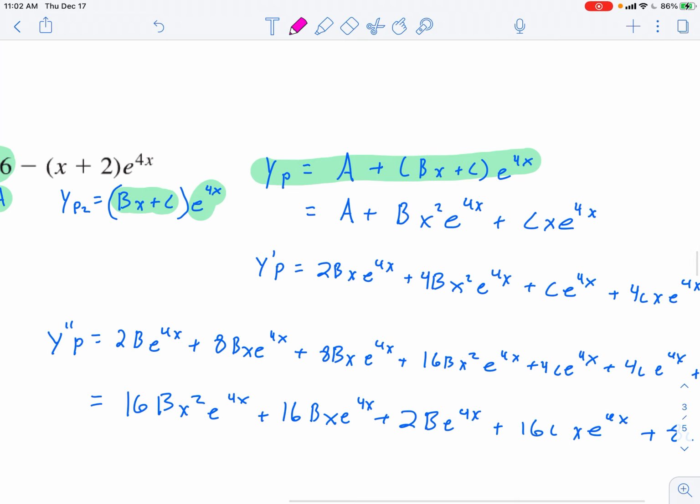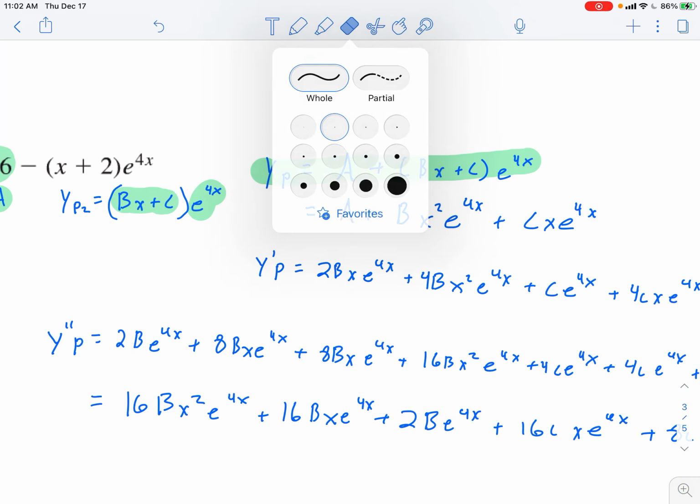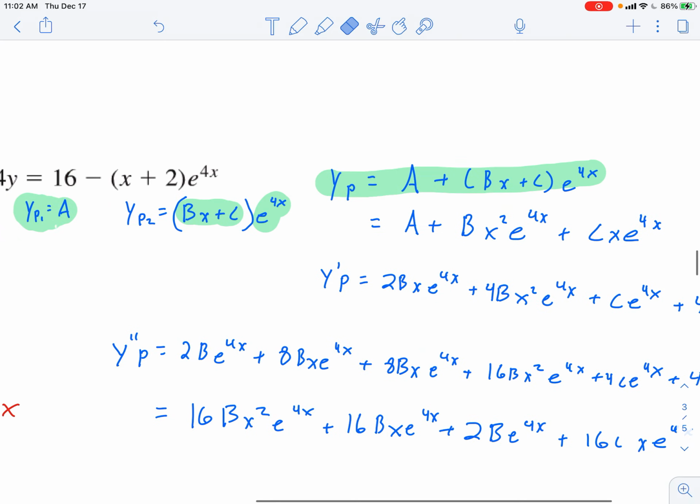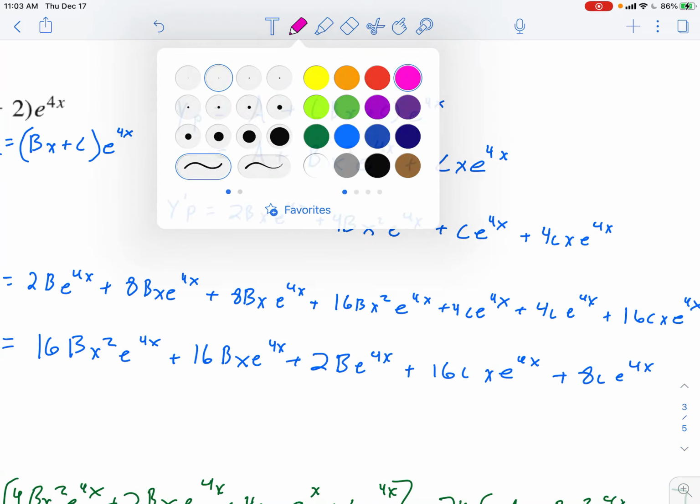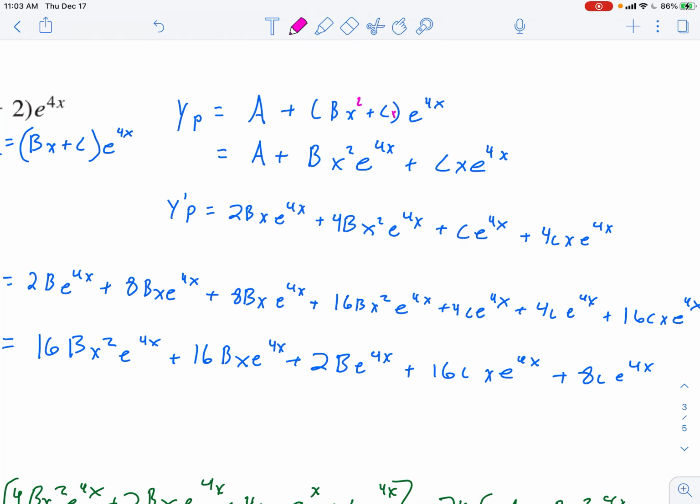All right, let's go ahead and erase these by hand because I wrote too much stuff. So here's our particular solution. Let's now take the derivative of that. Again, you can choose which method you want.